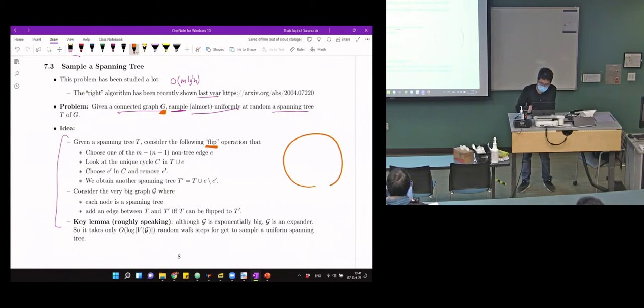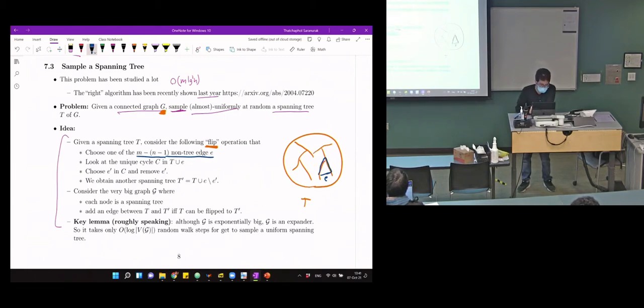Suppose you have a graph, and let's say you have any arbitrary spanning tree, call this T. If you look at any non-tree edge e, some edge outside the tree, it would create a unique cycle inside the tree, right?